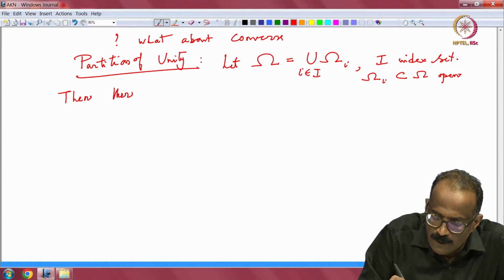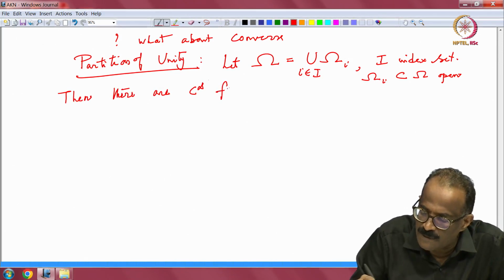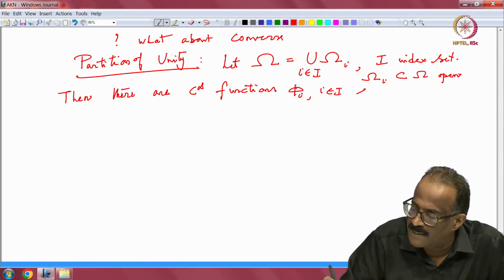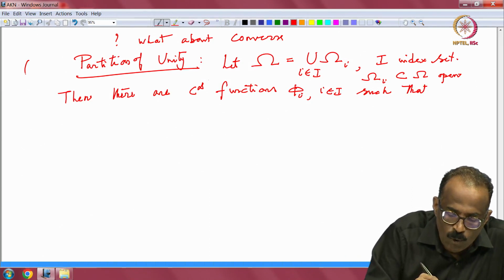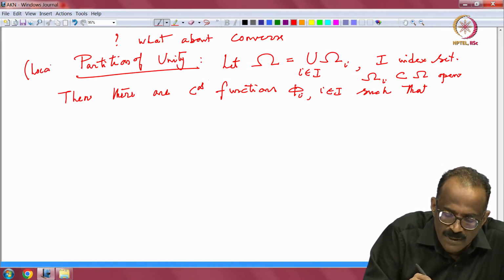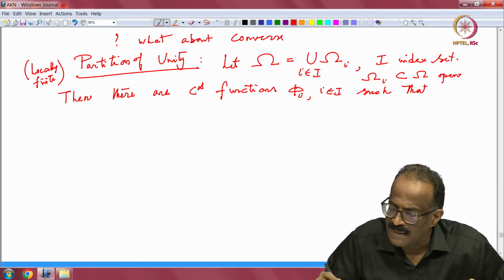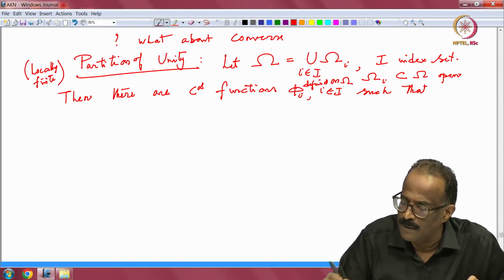Then there are C infinity functions phi_i, i in I, and this is called a locally finite partition of unity, defined on Omega, with three important properties.